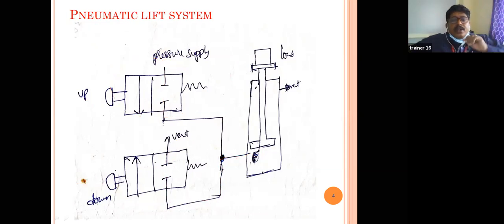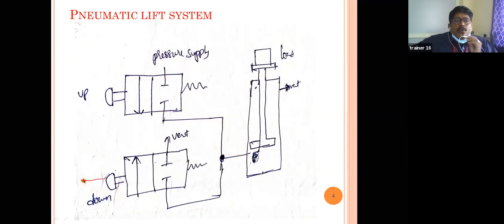Again, I'm repeating, all of you clearly see. When you push this button, the position changes from this position to this position, so the compressed air enters the system and lifts the load up. Whatever air is at the other side goes out to atmosphere. Then you stop pushing the up button and it comes back to the initial position.